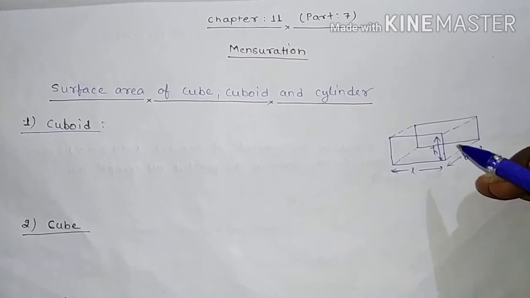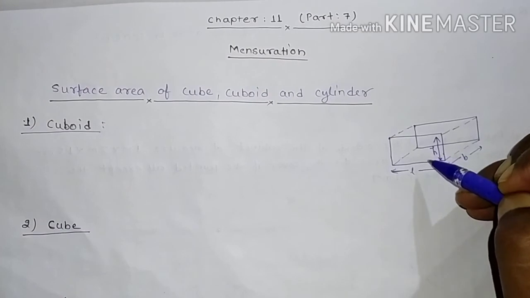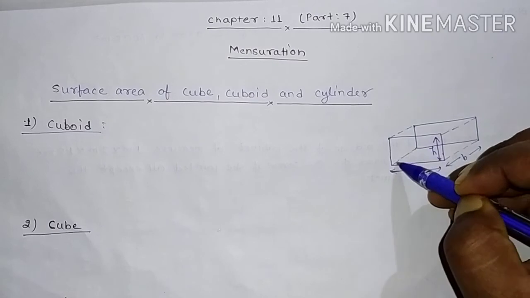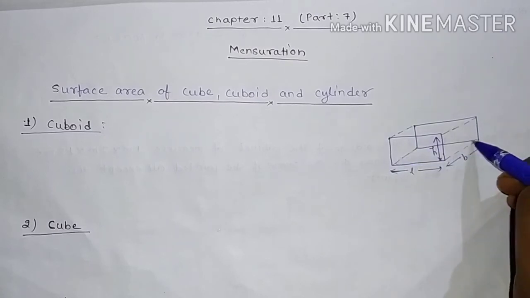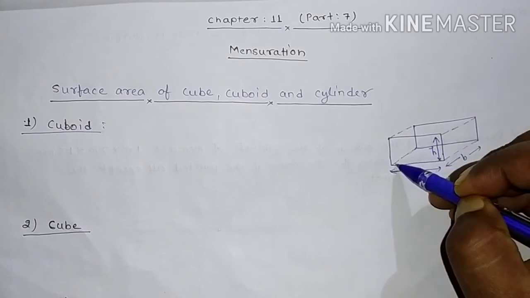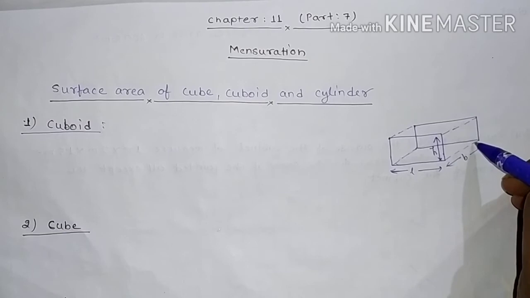So there are 6 faces in a cuboid. The lower face looks like a rectangle, so the area of the lower bottom surface is length into breadth.